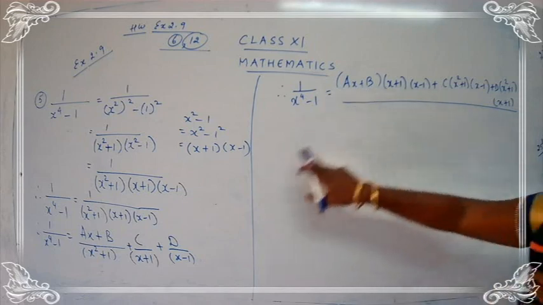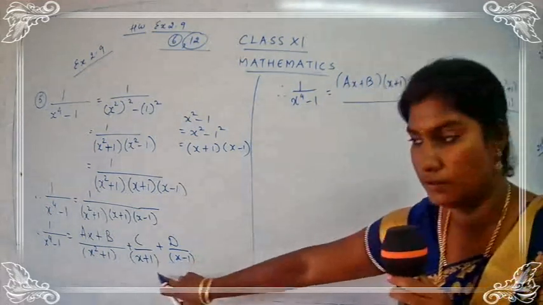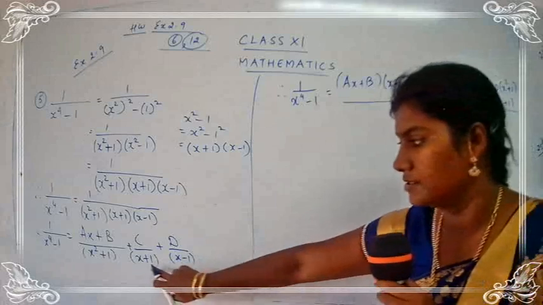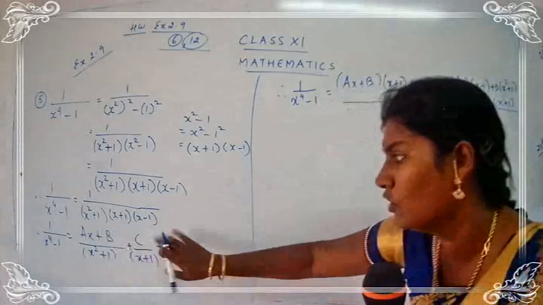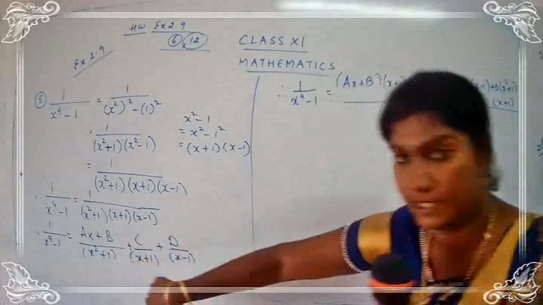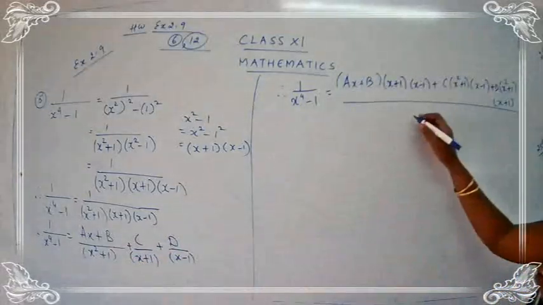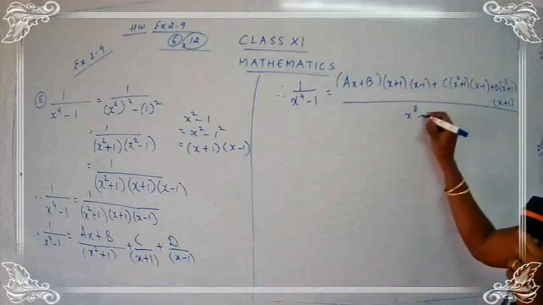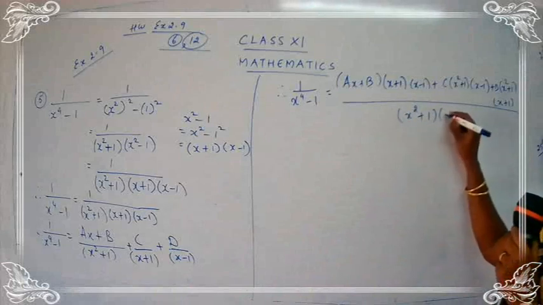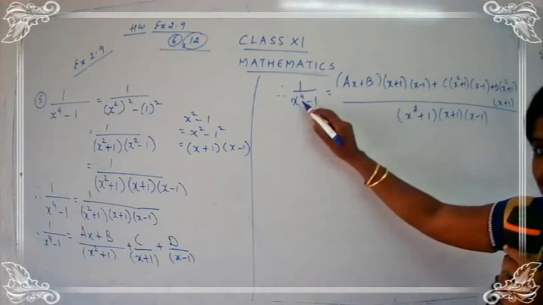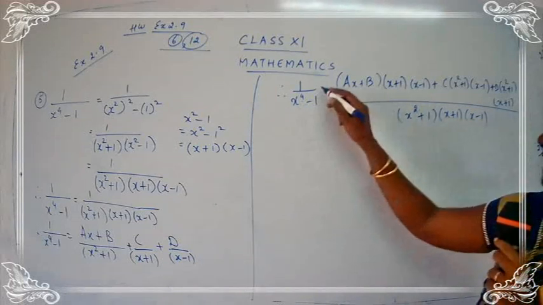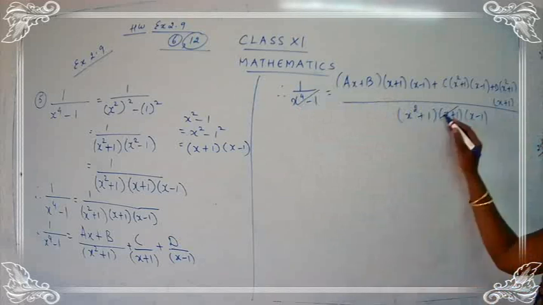Ax plus b, you have to multiply the left out denominators, x plus 1, x minus 1. For c, you have to leave this and take the remaining two. For d, you have to leave this and take the remaining two. So just multiply properly and write down the common denominator: x square plus 1, x plus 1, x minus 1. Actually we have factorized this and we got this value, so we can cancel this and this.